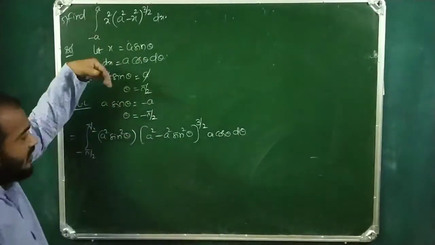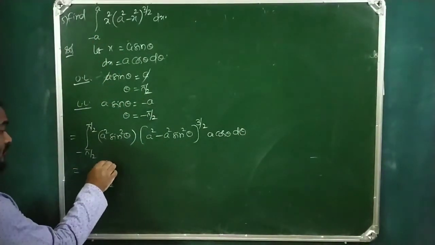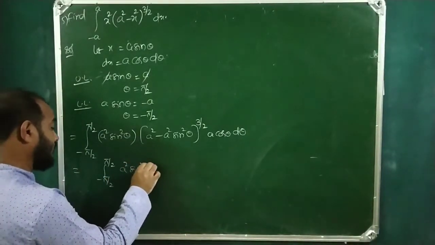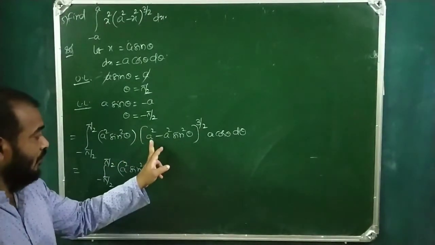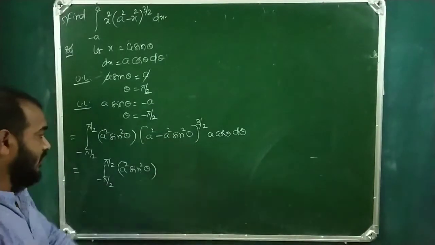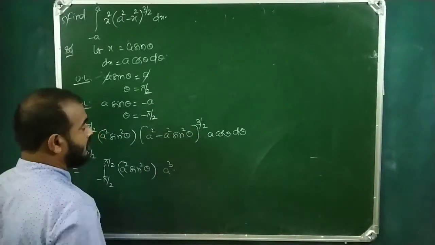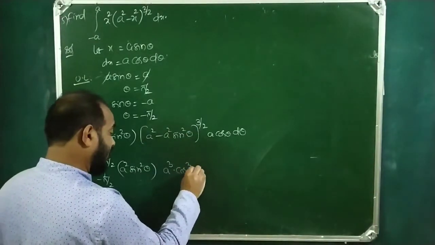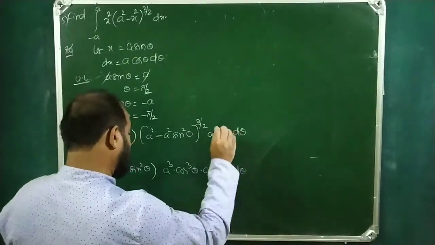Everything we have here. So this is minus pi by 2 to pi by 2, a square sin square theta. If you take a square here, a square into 1 minus sin square theta, a square cos square theta. So a square whole power 3 by 2 is a cube. Cos square theta whole power 3 by 2 is cos cube theta, into a cos theta d theta.